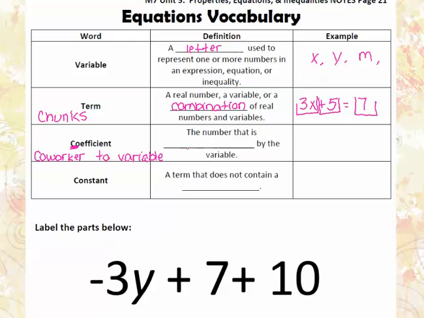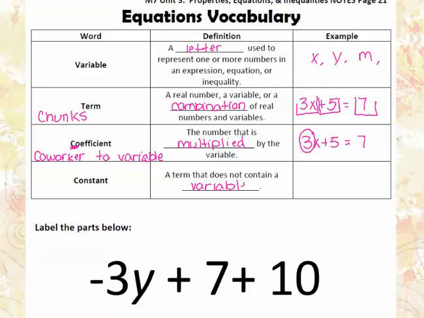So the number that is multiplied by the variable. So if we have an example, 3x plus 5 equals 7, we'll just use that one again. The coworker here, or the coefficient, is actually going to be the 3 in this example, because the 3 is working with the x. And the constant is a term that does not contain a variable.